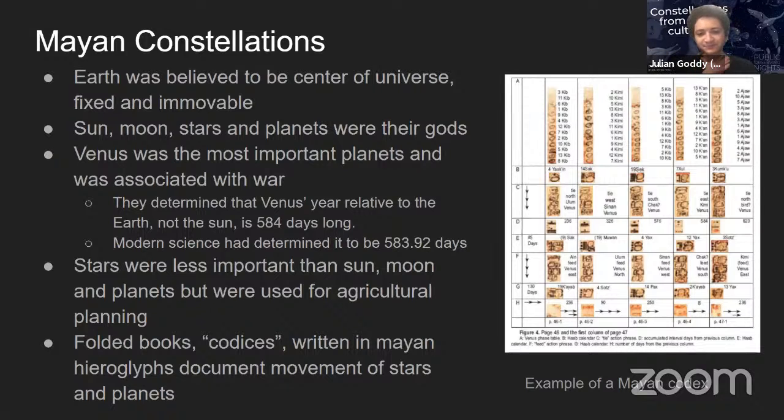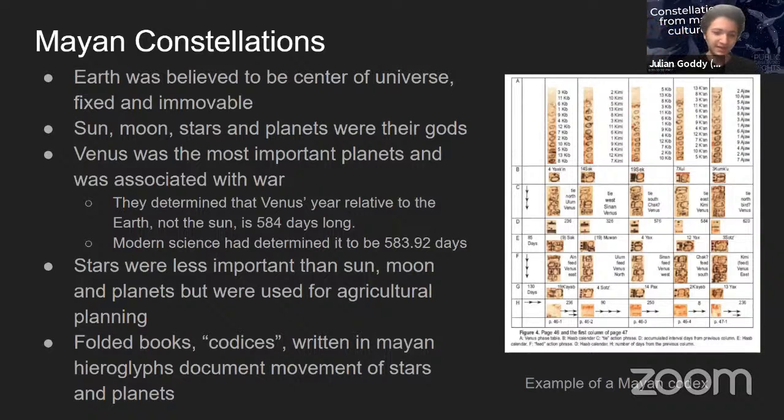And as examples of how important Venus was to their society, they would arrange battles and wars to coincide with the movements of Venus, and they would sacrifice captured warriors and leaders when Venus was at certain positions in the sky.